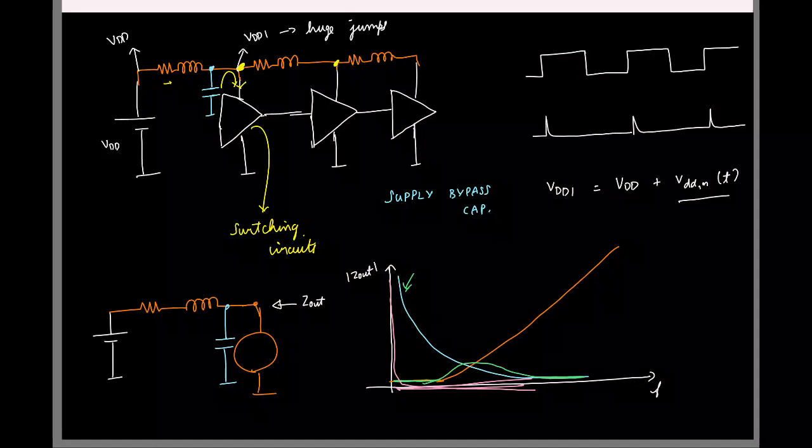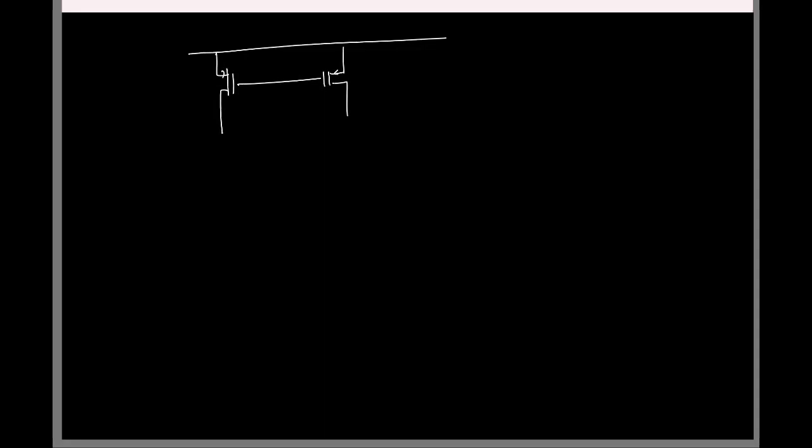So now let us see what will happen if you have such changes in your supply voltage. And for that, let's take our 5 transistor OTA. So let's say this is some I0, and NMOS transistor I'll call MN, PMOS transistor say it's MP.